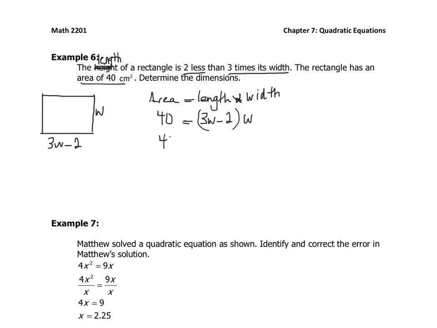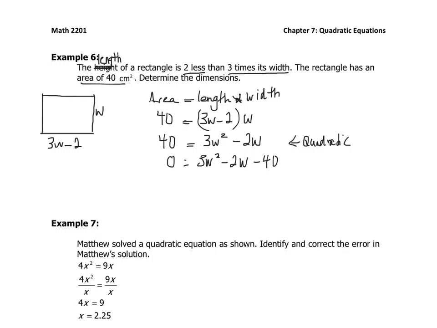If we expand this, we get 3w times w is 3w squared, minus 2 times w, and now we have a quadratic equation, which we can bring all terms to one side and set equal to 0 so that we can solve it.